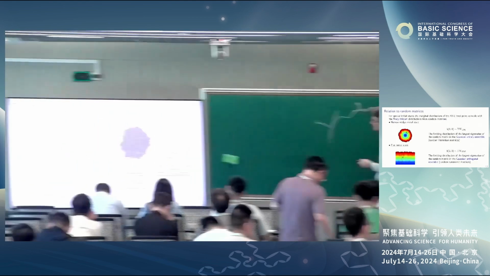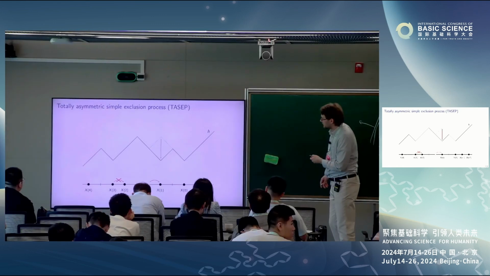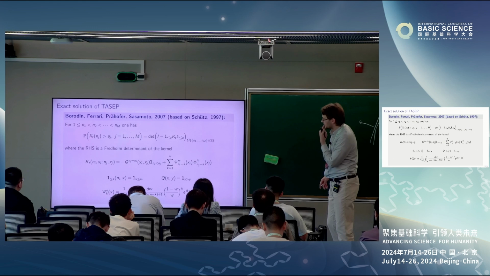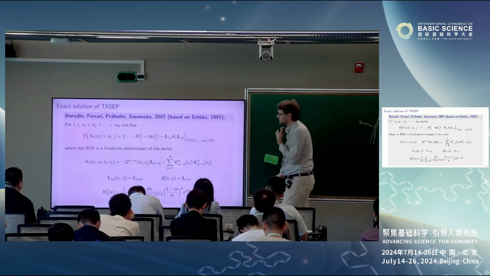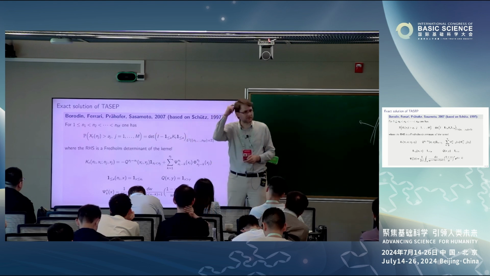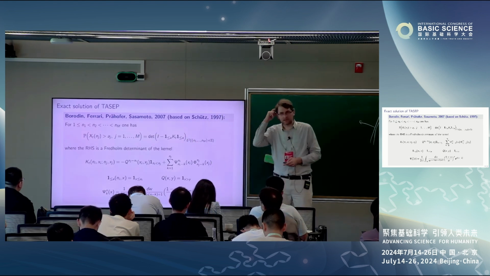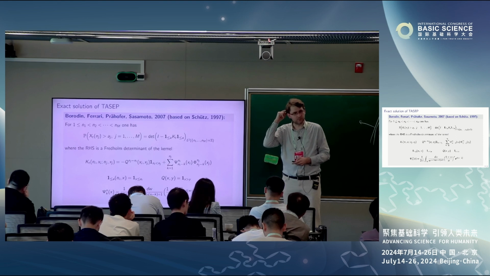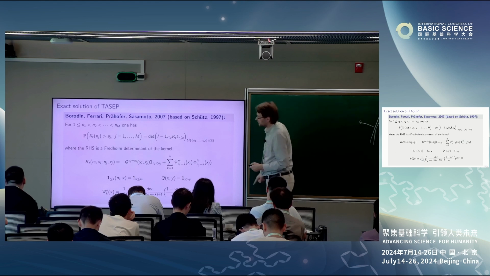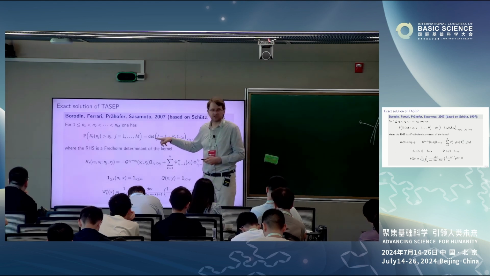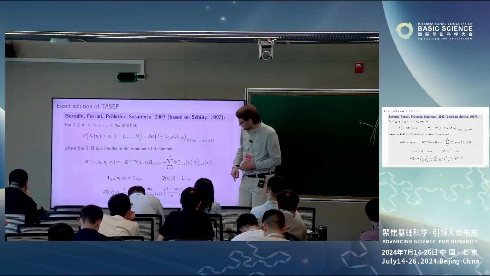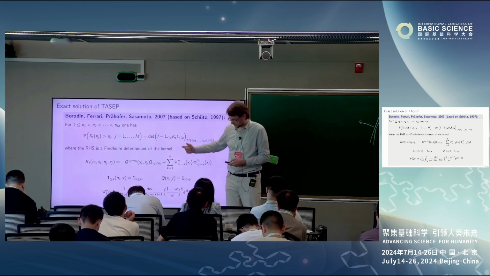Last passage percolation is coupled to TASEP in discrete time with geometric jumps and parallel update, and it corresponds to TASEP with step initial conditions. In this case the formula you obtain simplifies.